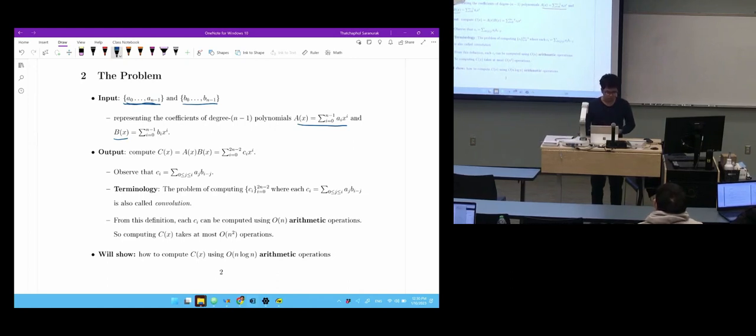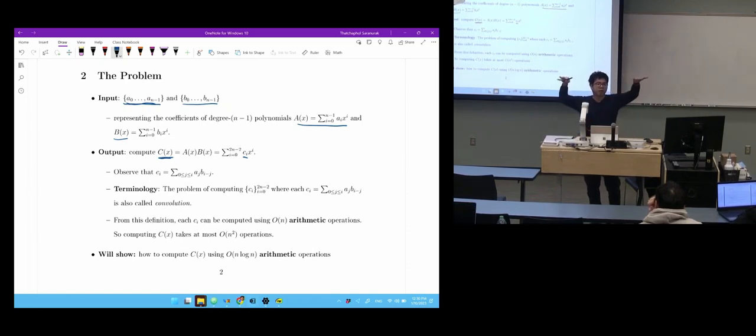And then what I want to do is to compute the multiplication of these polynomials. What do I mean by compute this? I want the list of Ci, the coefficients of C. So that's the input and output.